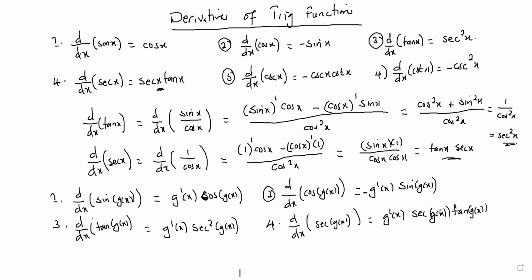So for all of them, that g never multiplies outside. It only comes out once, and then it appears in the cosec g cot g. Okay?